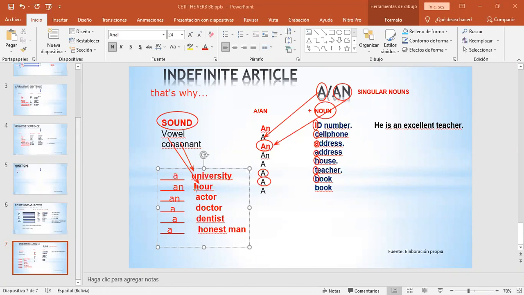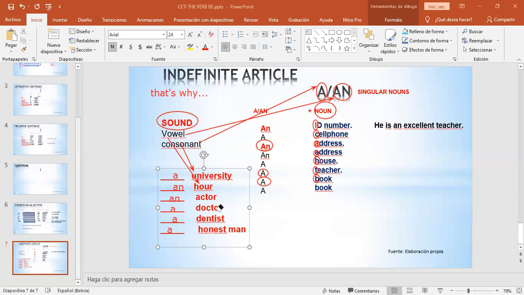It's not pronounced. So it's an hour. A university. When it is vowel, what do we need? An. And when it is consonant, what do we need? A. So, a university, an hour.